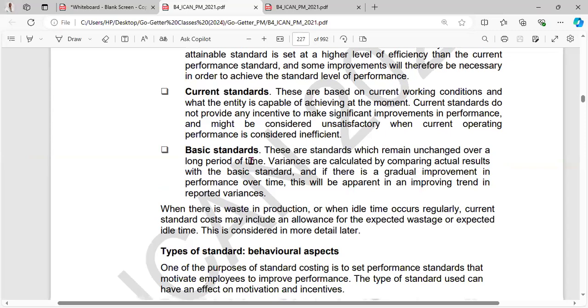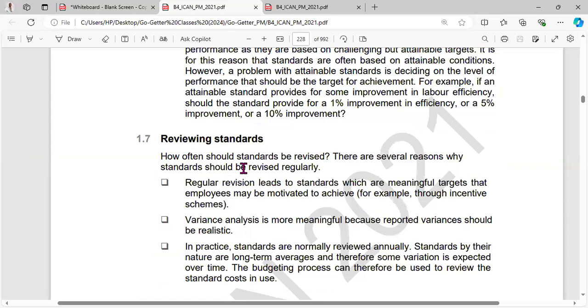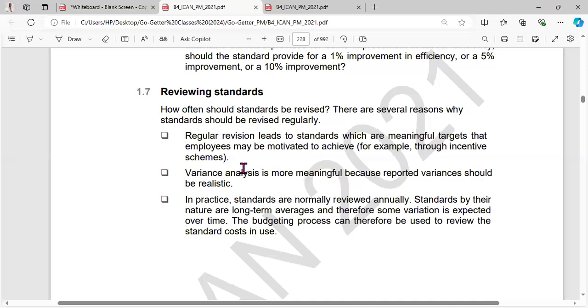Now, standards need to be reviewed. How often should standards be reviewed? Should it be reviewed every year? Should it be reviewed periodically? How periodical? For example, wage or labor rate.